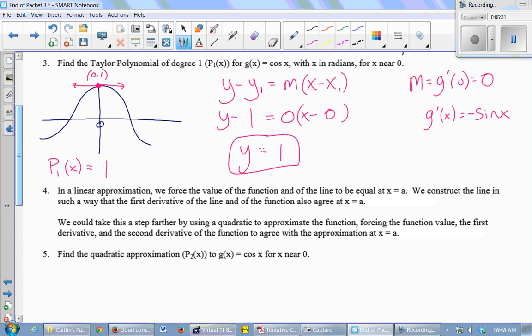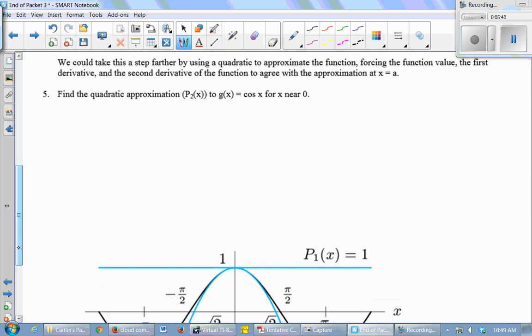The derivative of the function at 0 is 0. The derivative of this line at 0 is also 0. So that's the idea. We forced the function values to agree, and we forced the derivatives to agree at 0. So we could take this a step farther by using a quadratic function.